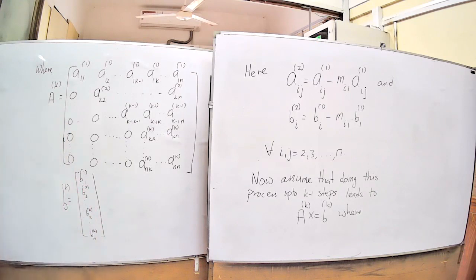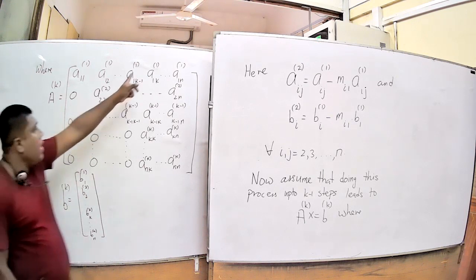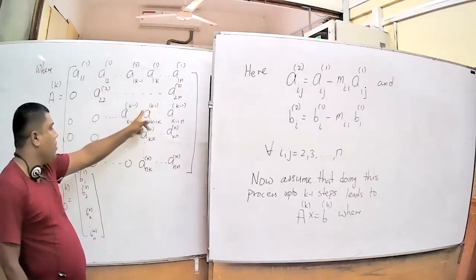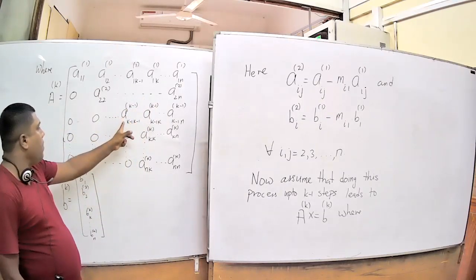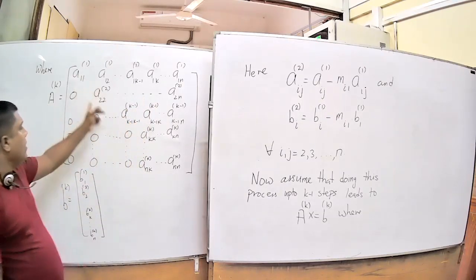Okay. So let us assume that after doing these k minus 1 steps of operations, up to the k minus first column, you have 0 below the diagonal. If you look at the first k minus 1 columns, up to here you can see that below the diagonal, everything is 0.